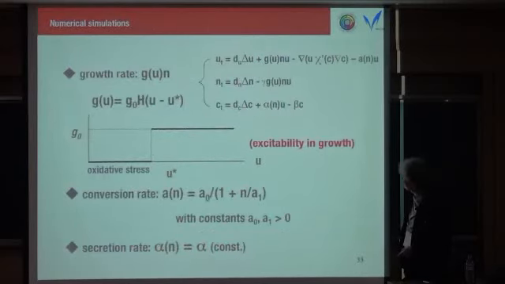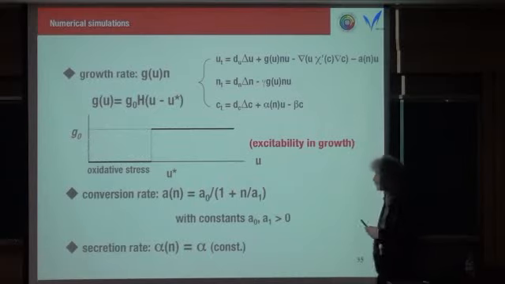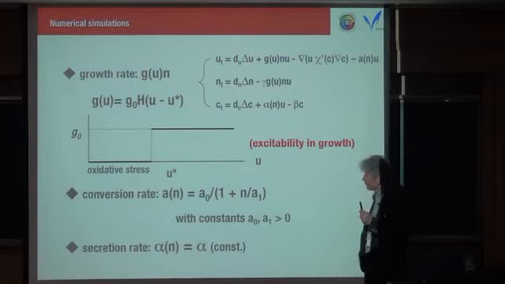Okay, so at first we have to assume some specific functions for G of U, chi, and also alpha. In this case, G is like this. Sorry, I forgot to tell you an important biological thing. Why do they want to aggregate?